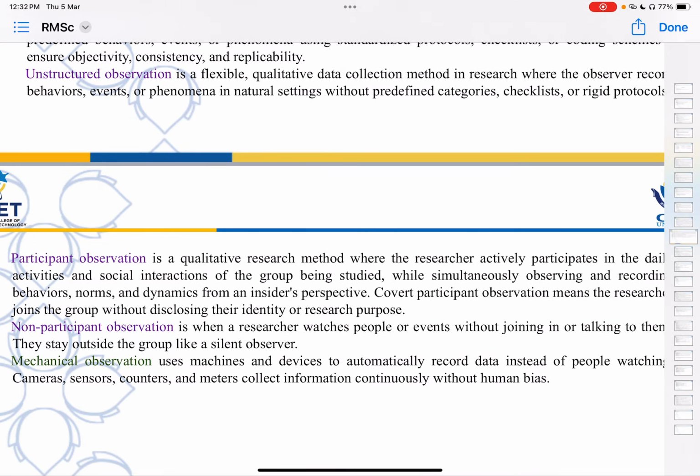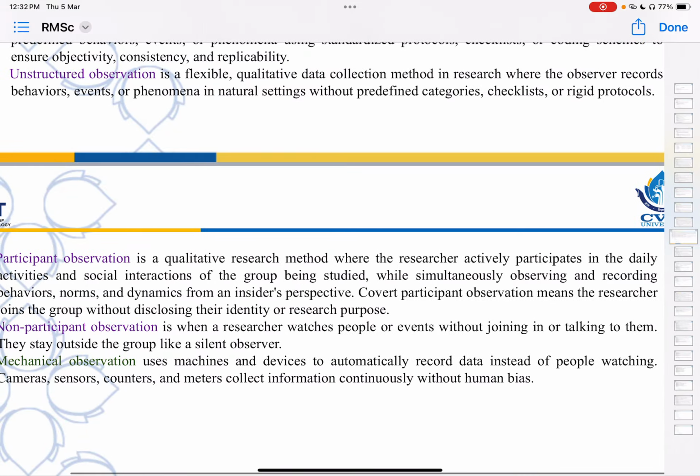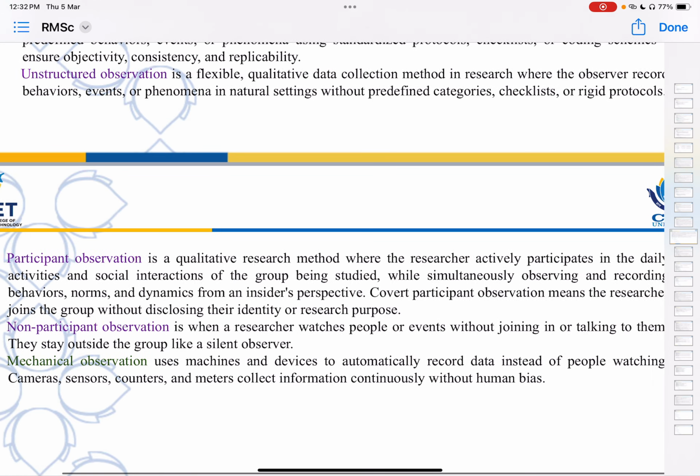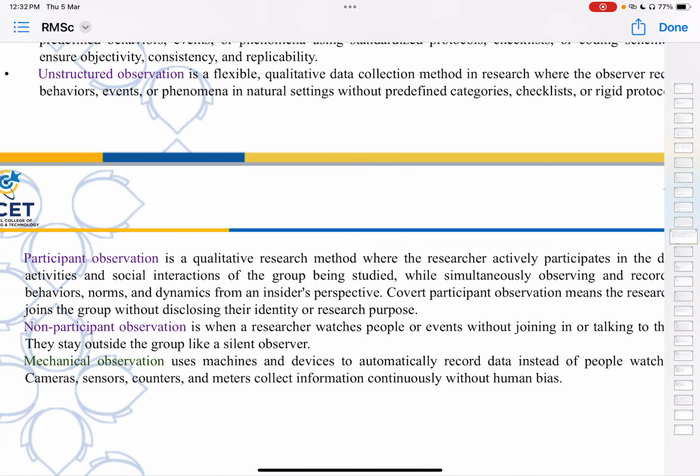Now the next is participant observation, a qualitative research method where the researcher actively participates in the daily activities and social interaction of the group being studied. That is called participant observation.